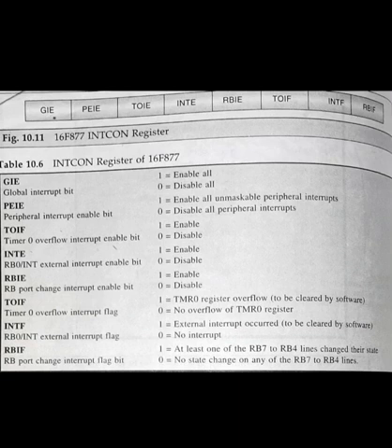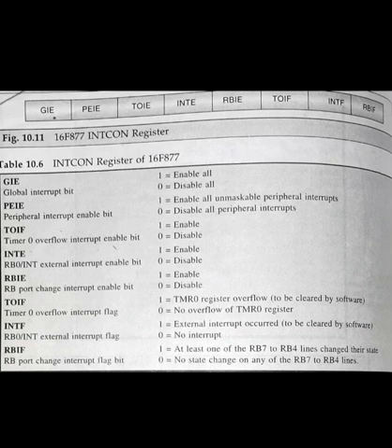If the Timer 0 overflow interrupt enable bit is 1, it is enabled, and if it is 0, disabled. If the RB0/INT external interrupt enable bit is 1, the interrupt is enabled, and if 0, disabled. For the RB port change interrupt, the enable bit is 1 for enable and 0 for disable.